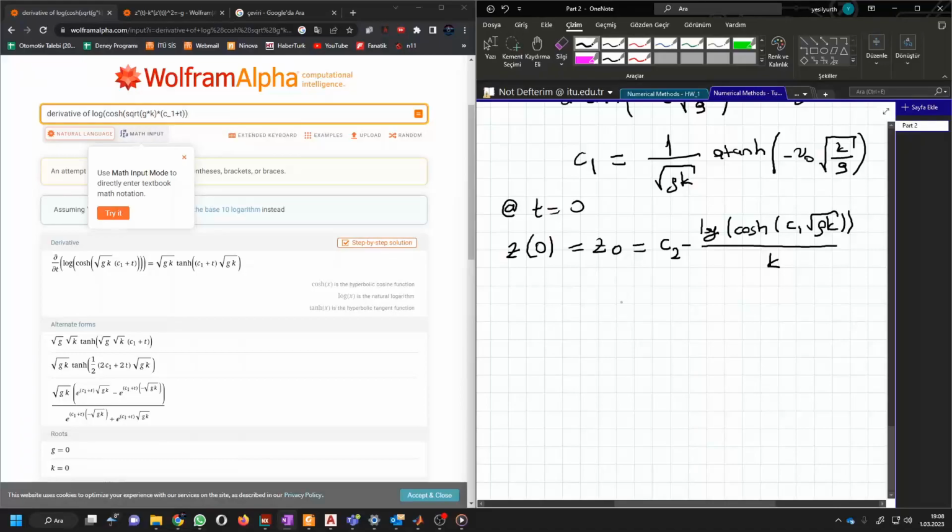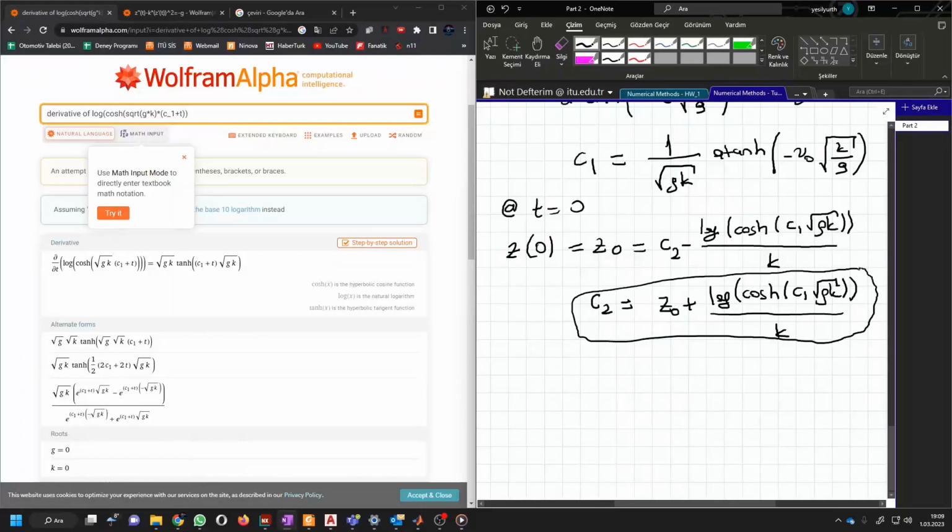So I can write this down like this: C2 will be equal to z0 plus logarithm of cosine hyperbolic c1 times square root of gk, over k. This is my second integration constant. I already calculated the value of c1 here, you see. So you can calculate c2 with respect to c1 programmatically, easily.